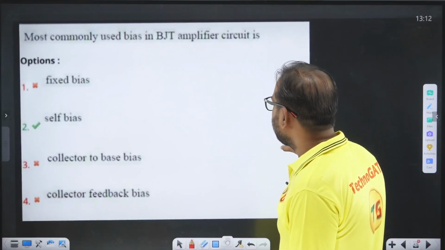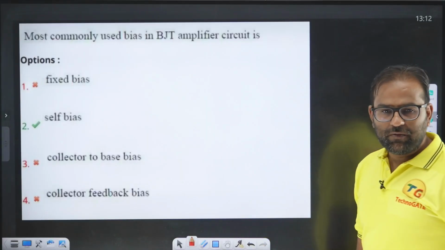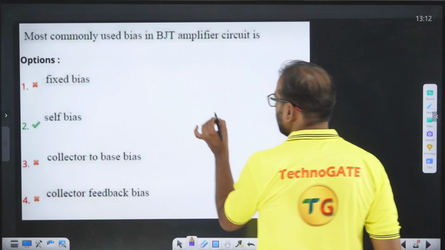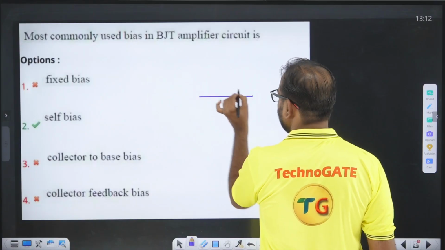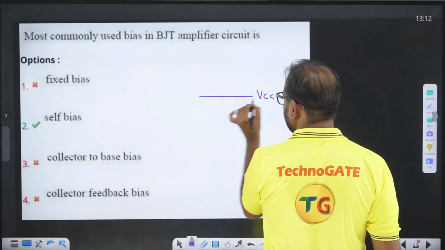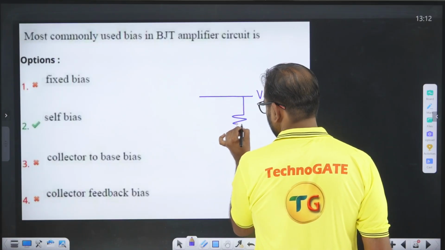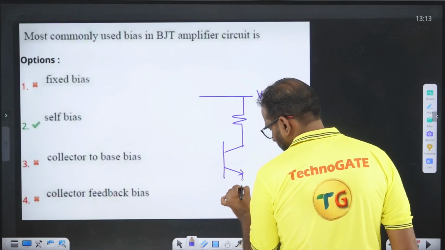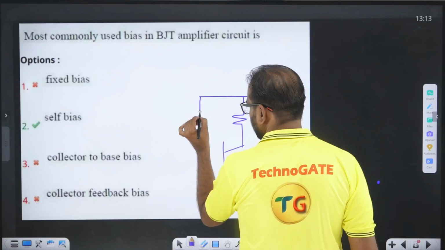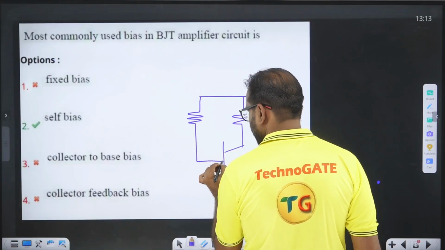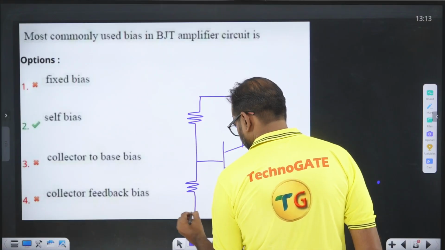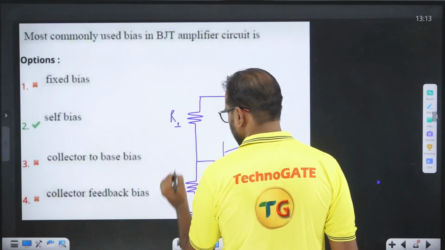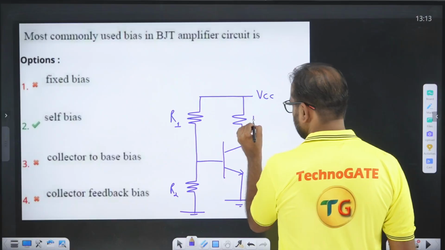The commonly used bias in a BJT circuit is always given by this, known as the self bias circuit or voltage divider biasing scheme. This is VCC, this is one transistor, R1, this is R2, this is RC.